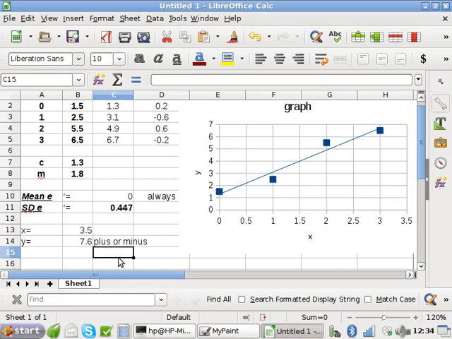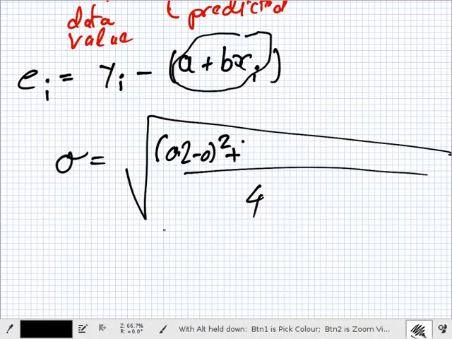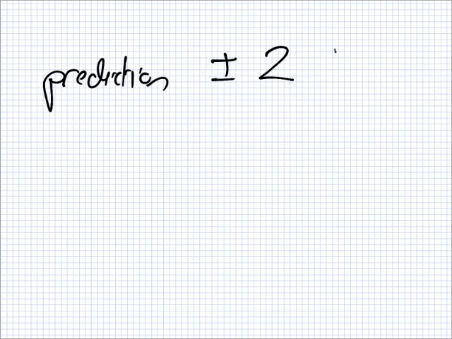Now, how much of an error do we think we made? So this is where we use this number, the standard deviation of the residuals. When you make a prediction, you have a plus or minus twice the standard deviation of the residuals.